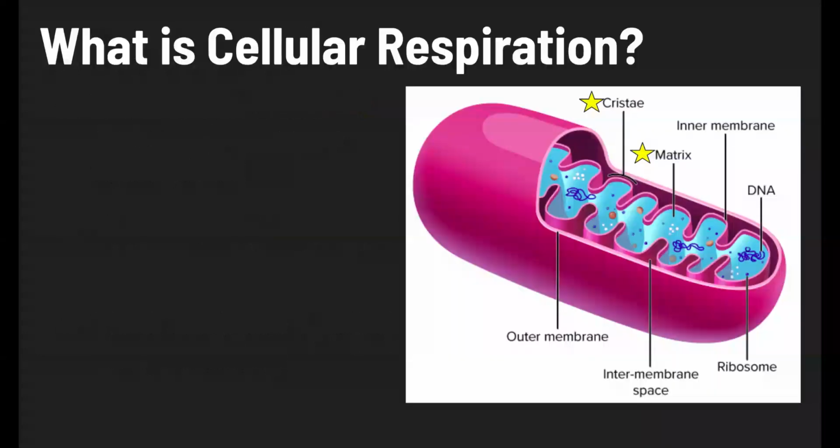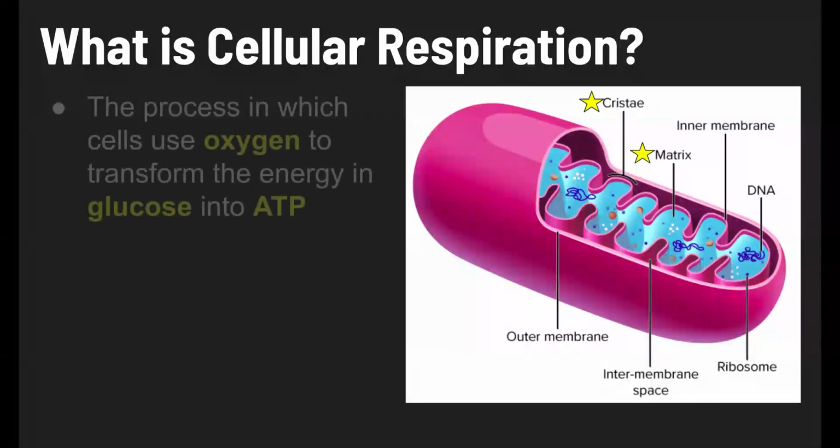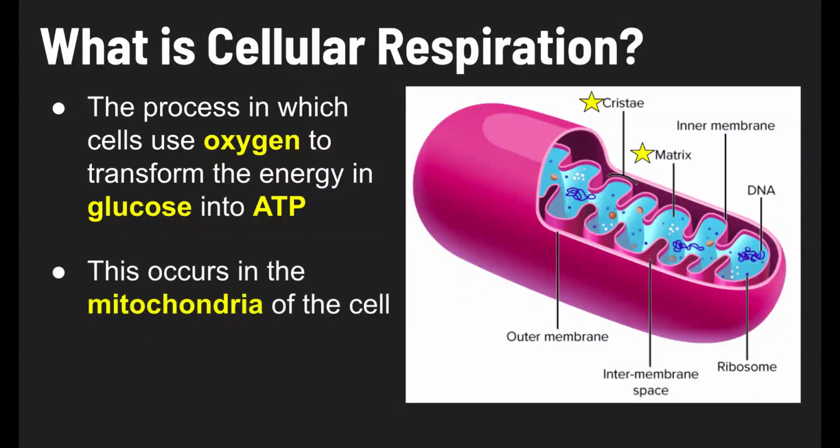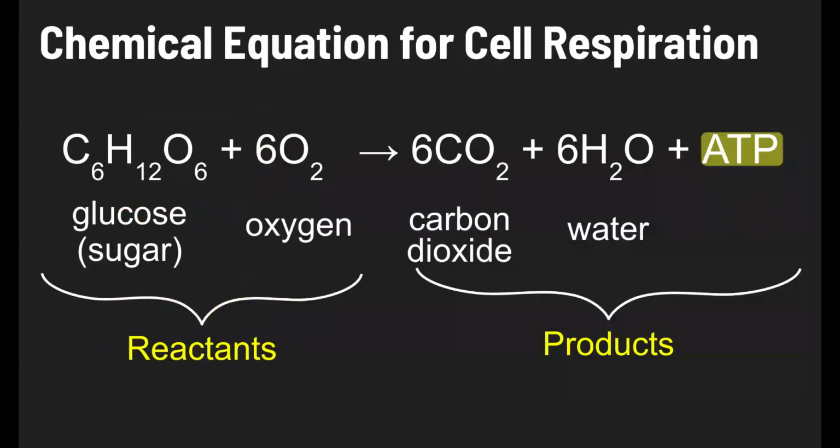Okay, so this leads us into cellular respiration. What is cellular respiration? It is the process in which cells use oxygen to transform the energy in glucose into ATP. This occurs in the mitochondria of the cell.